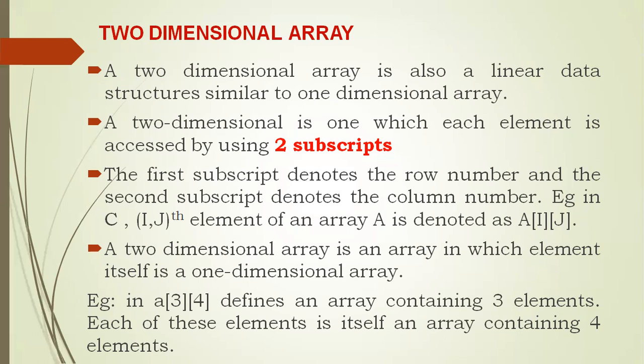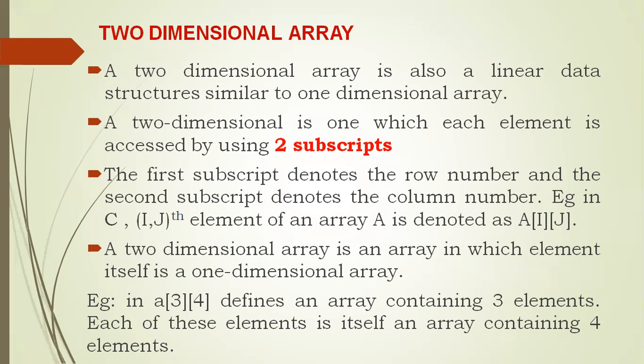In that case, a matrix of order 3 cross 4 is represented as a one-dimensional array of 12 elements. One more example. If your matrix is of size A of 5, 4, that means there are 5 rows and 4 columns. The first row has 4 columns, the second row has 4 columns, the third row has 4 columns, the fourth row has 4 columns, and the fifth row also has 4 columns.